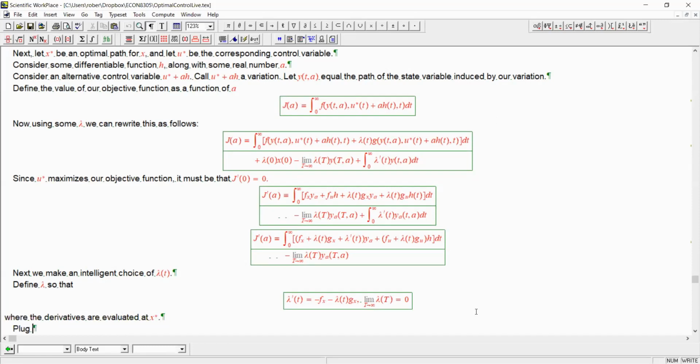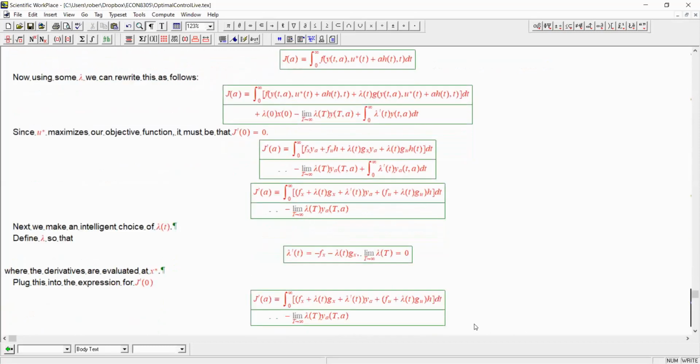Now we plug this into the expression for j prime at 0. Here is that expression. Plug in our lambda, so lambda prime equals this. And what happens?